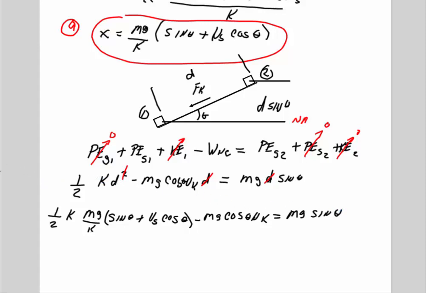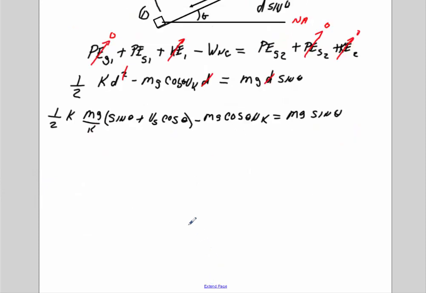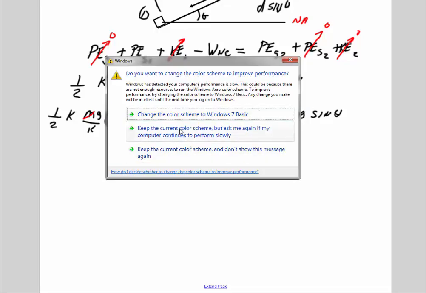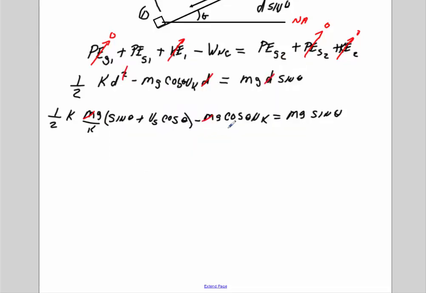Okay, so now what we want to do, go ahead and scroll down a little bit. We'll go ahead and multiply this. Now this is all being multiplied by 1/2. We will simplify what we can. Now we can divide everything by mass. Mass has gone here, here, and here. Okay, gravity, we can get rid of it here, here, and here. We can also lose our k value here and here.